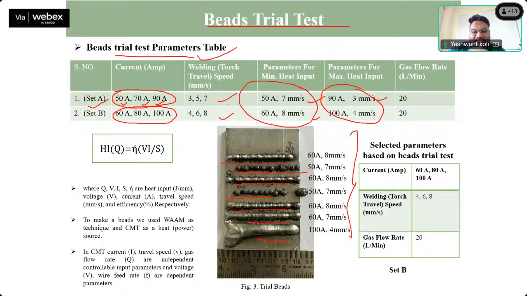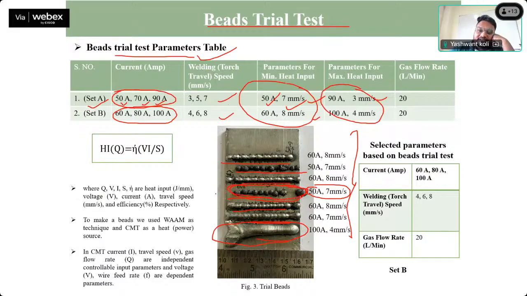So what is the layer aesthetics of minimum heat input, and what is the layer aesthetics of maximum heat input. So 50 ampere and 7 mm per second, that is current and welding speed. So 50 ampere, 7 mm per second, you can see here, there's nothing, no bead has been made.